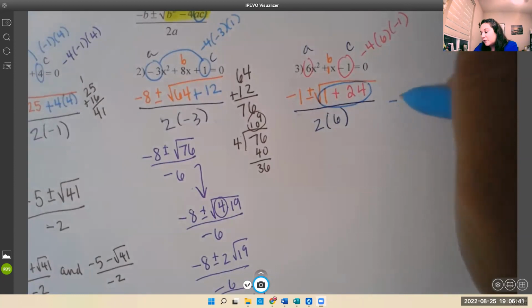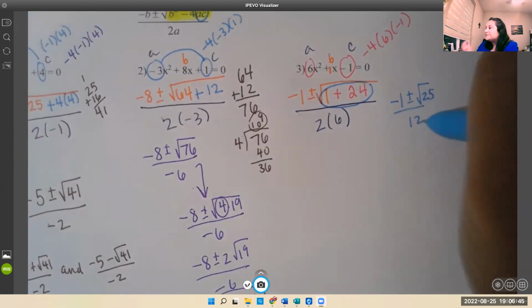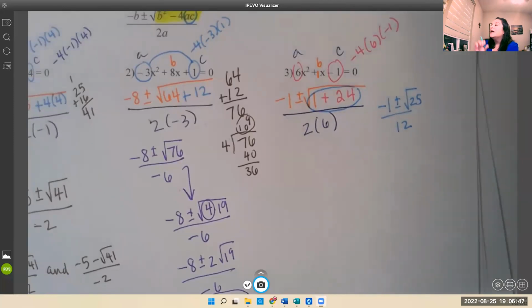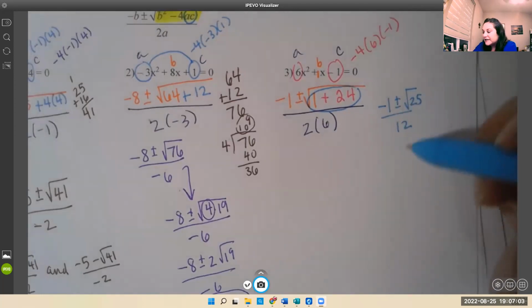All right. And then the most fun of the three is the 1 plus 24 added together is a perfect square. -1 plus or minus the square root of 25 over 12 can be broken down into two fractions, and the square root is a rational number, and I need to keep going with a case like this. You cannot just leave it like that and get full credit.